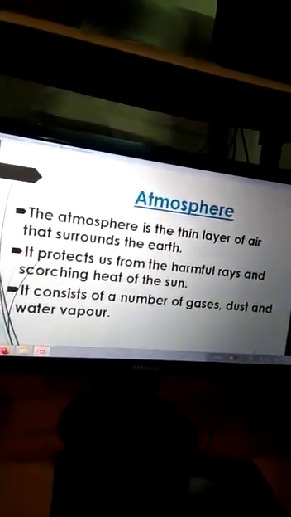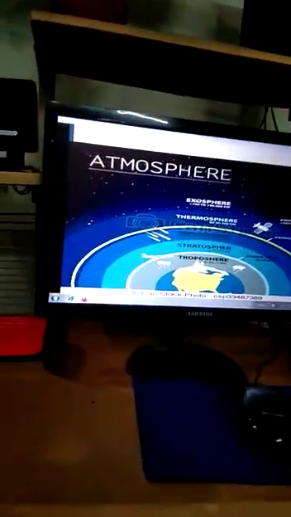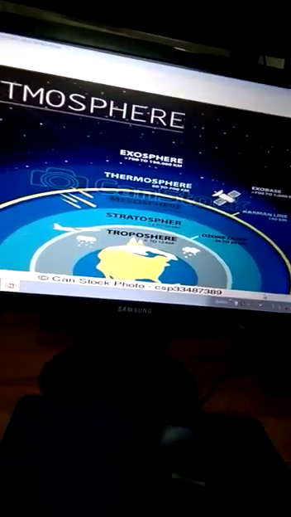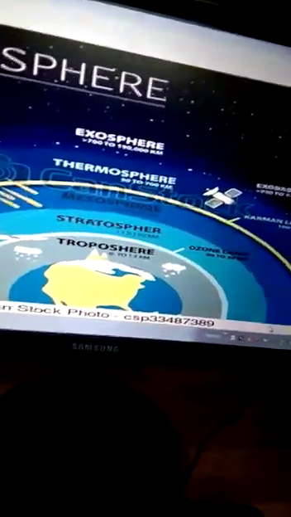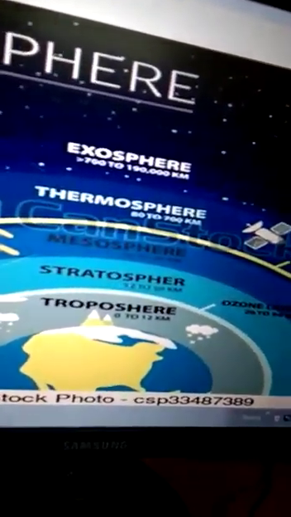It consists of dust particles, different types of gases, nitrogen, oxygen and others, and it also contains water. And you know, the atmosphere has different layers, for example troposphere, stratosphere, mesosphere, thermosphere, exosphere, and gradually it merges with space. That is a different topic, we are not going into much detail on that.